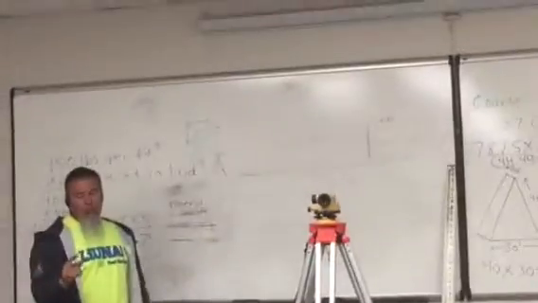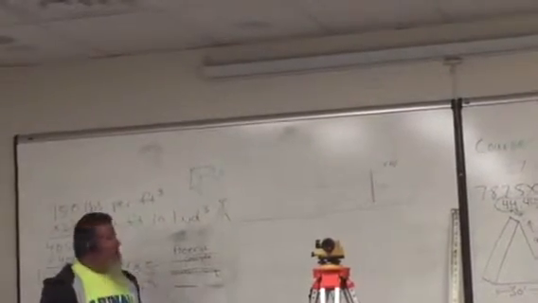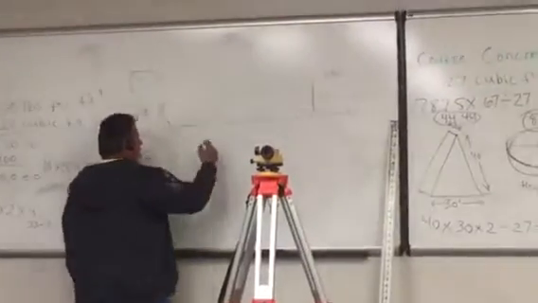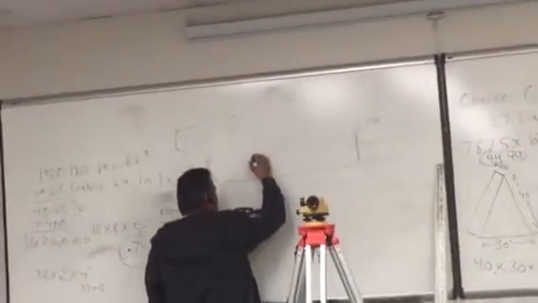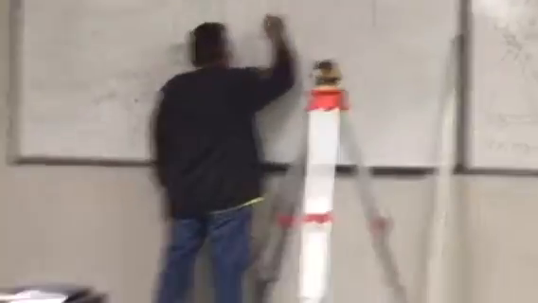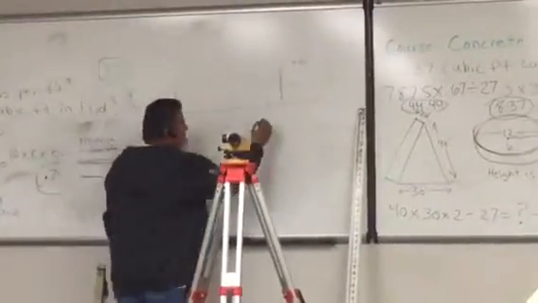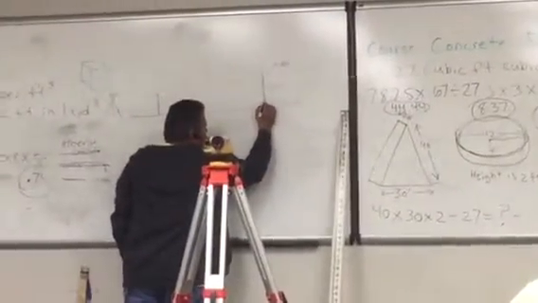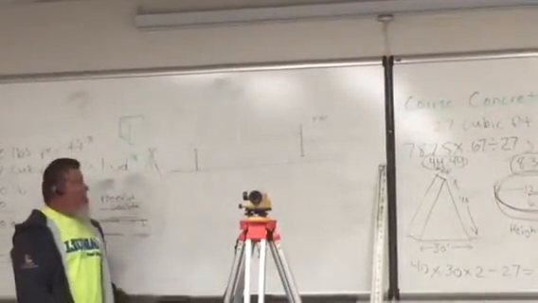So when I find out where I'm gonna set my forms and where I want to set my stakes, all I have to do is I take a stake right here, put a stake in the ground, and since it's 4.20, the elevation of this slab is 4 foot, 2 tenths.